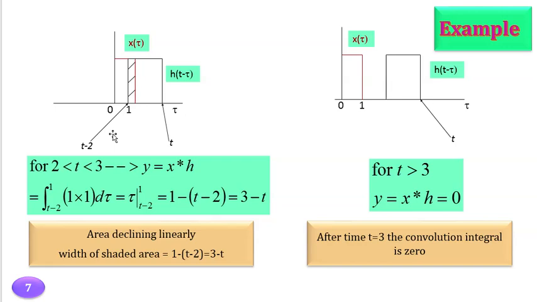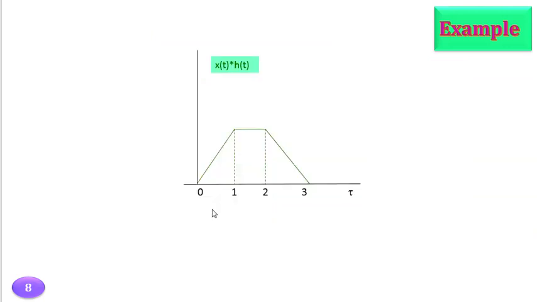You're shifting the h of t all over the domain, from minus infinity to plus infinity, but only at a very limited interval is it non-zero, and that interval is where h of t minus tau has some overlap with the x of tau. We also saw that most of the time the response will look like this.